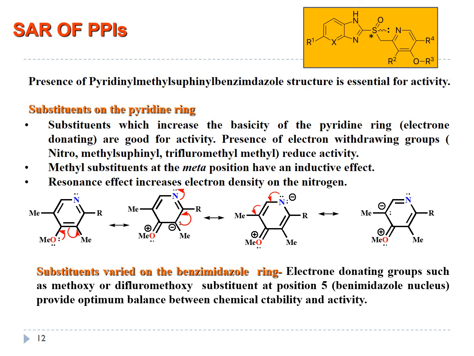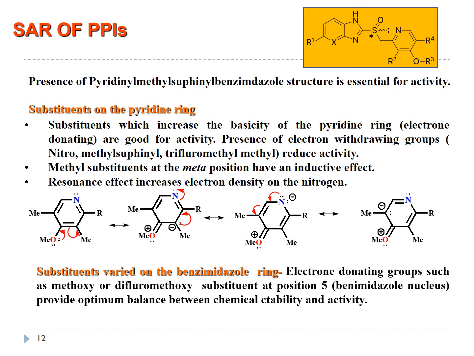The substituents that are allowed or favored on the benzimidazole ring include electron donating groups on position 5, like methoxy or difluoromethoxy substituent, which leads to an optimum balance between the chemical stability and activity.